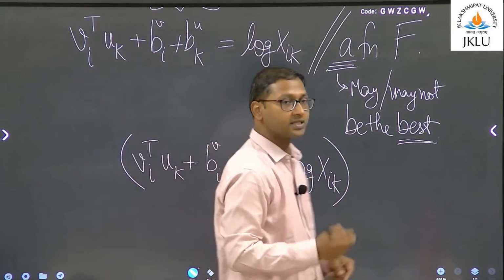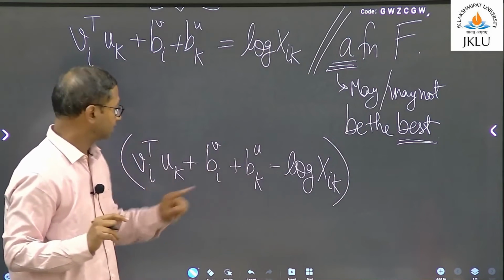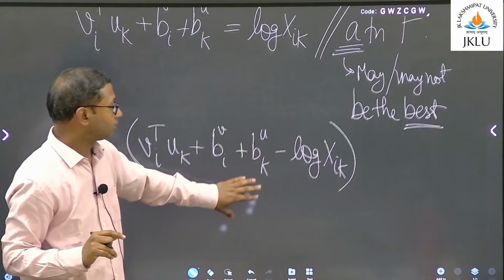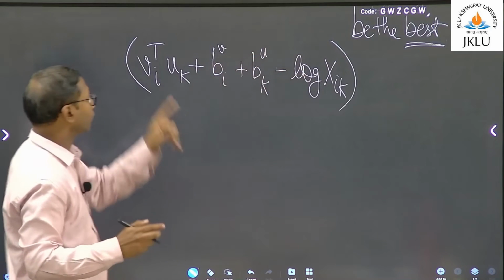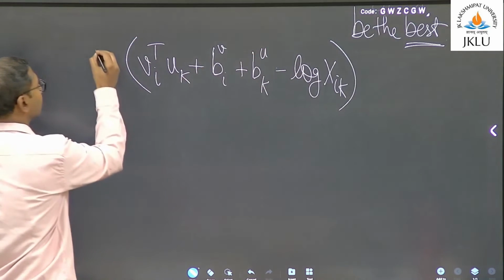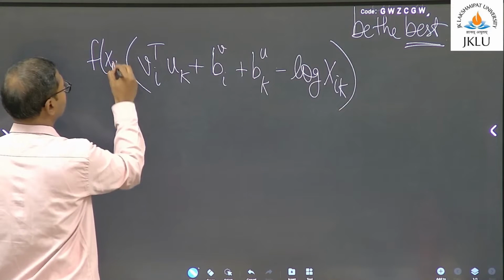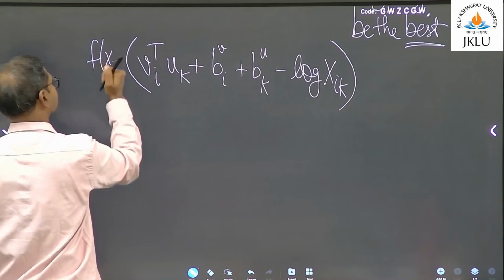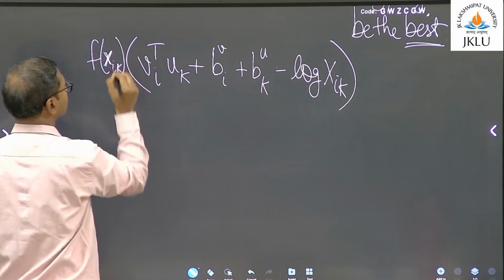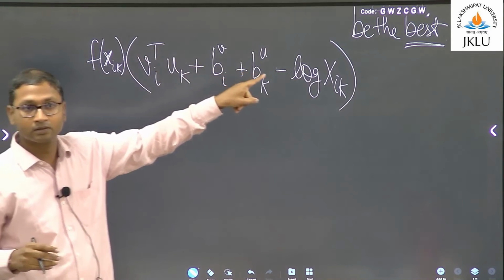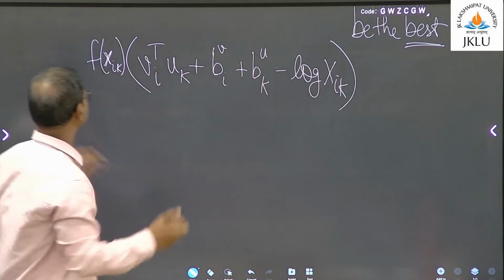What is the problem with this? Now we have talked about everything in the last class. What was the problem with this equation? You have log xik sitting there, xik can be 0. So how do we solve this 0 problem? We say there should be a function f of xik, and f of xik will be 0 when xik is 0.